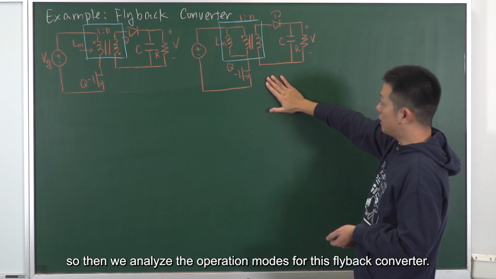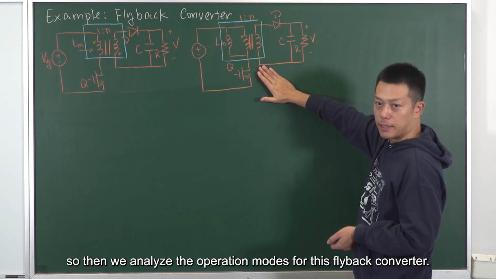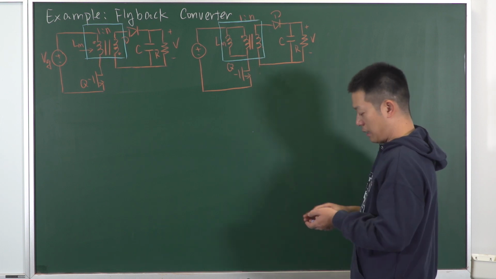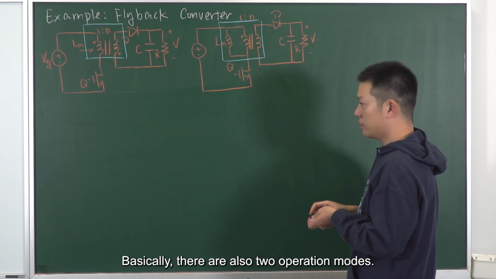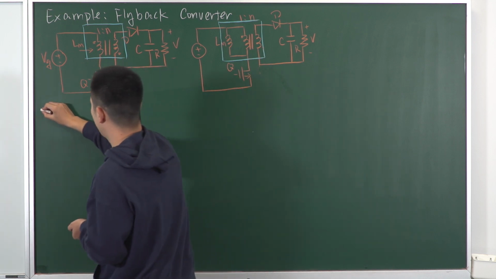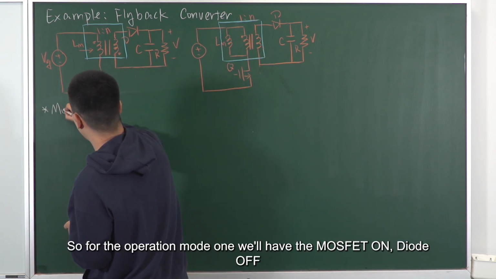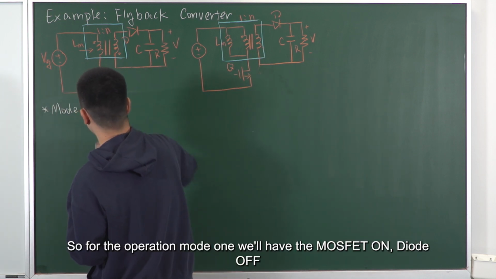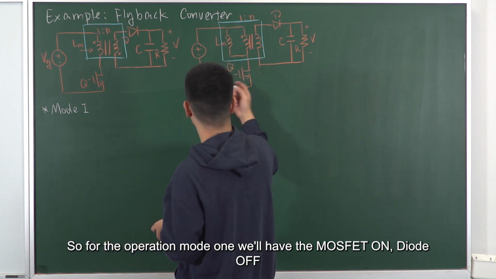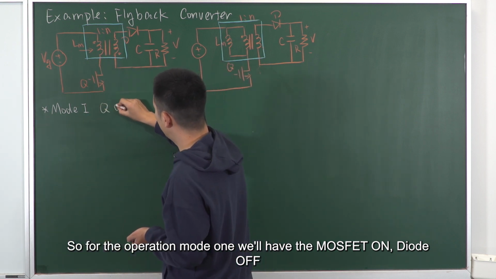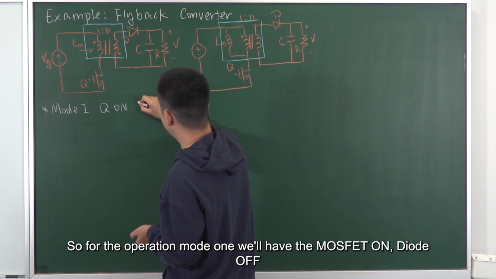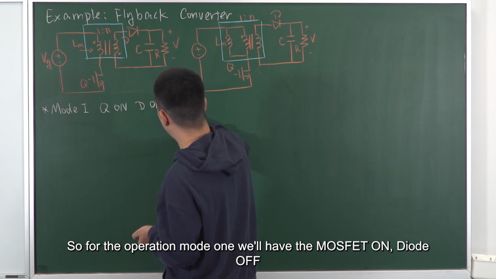Then we analyze the operation modes for this flyback converter. Basically, there are two operation modes. For operation mode 1, we have the MOSFET on and the diode off.